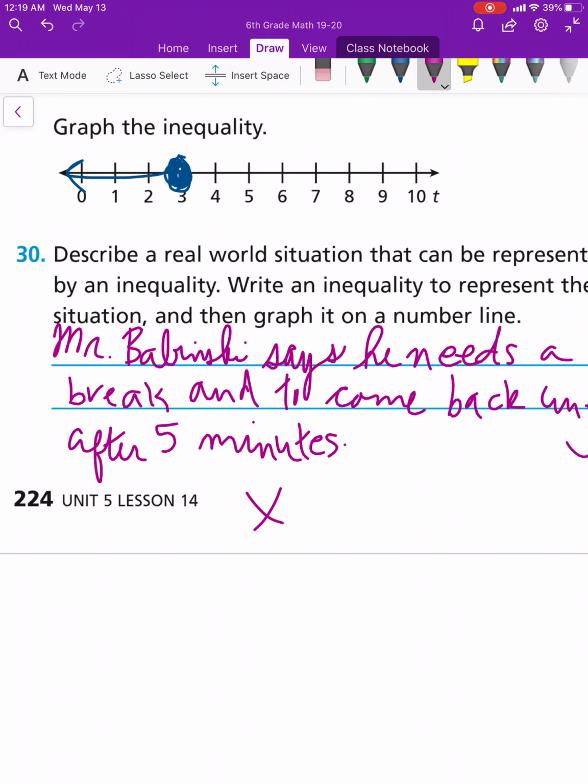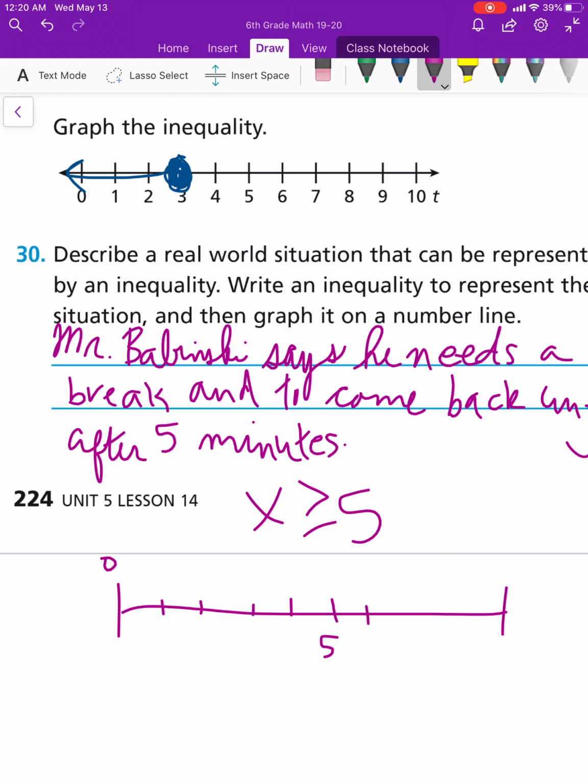So that could literally be 100 minutes, it could be 6 minutes, it could be 5 minutes and 2 seconds, but it's got to be greater than 5, right? And the way that we would graph this, 0, 1, 2, 3, 4, 5.